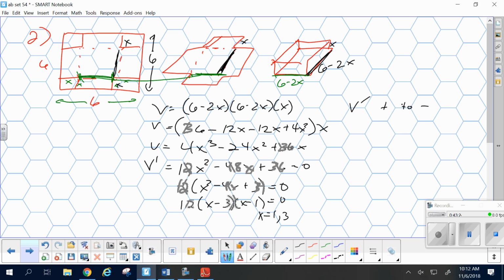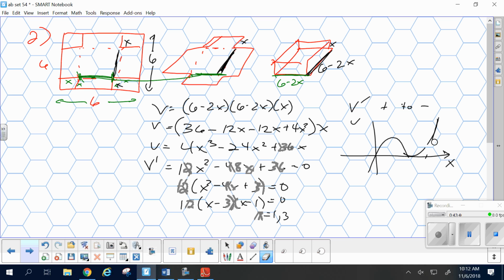If you were to talk about feasible domain here, I understand this is a cubic, and it's got all these possible roots. So it's a volume equation, looks like that. But if you think about what's actually feasible for how big of a square you could cut out, if this is 6, what's the greatest x could be that you could cut out from both sides? 3.